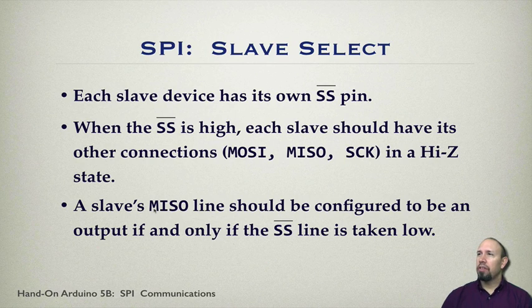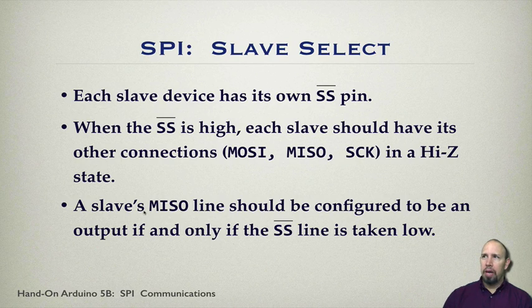A slave's master in slave out line should be configured to be an output. So slave out should be configured to be an output if and only if the slave select line is taken low. In other words, the only time you do this is when the slave is actually selected.